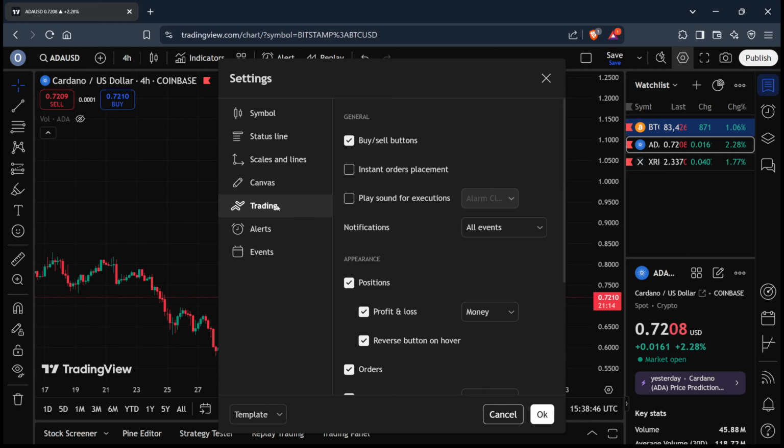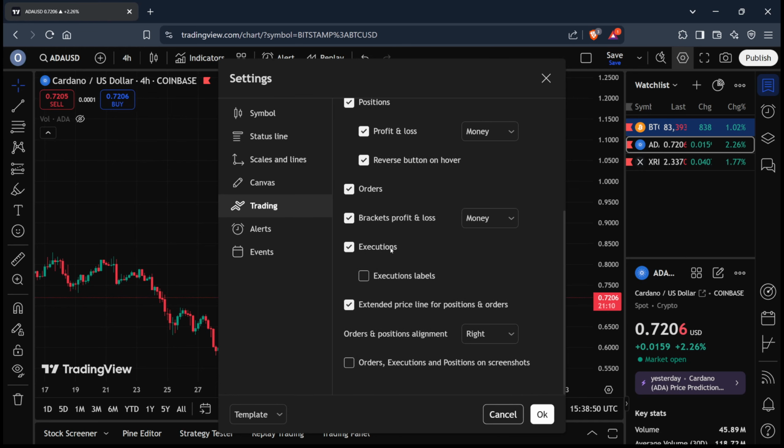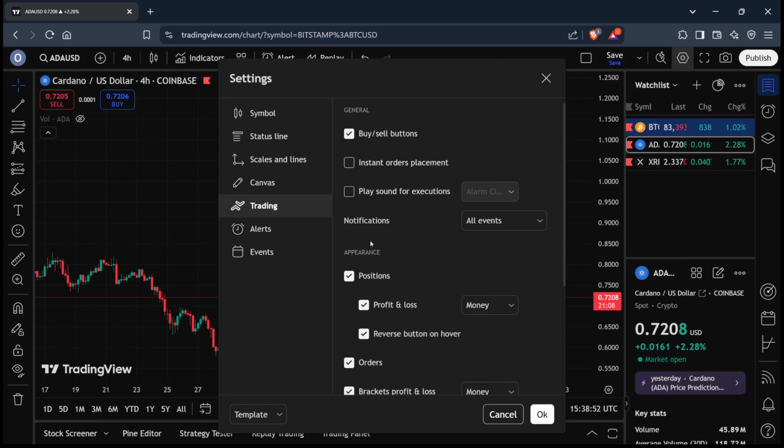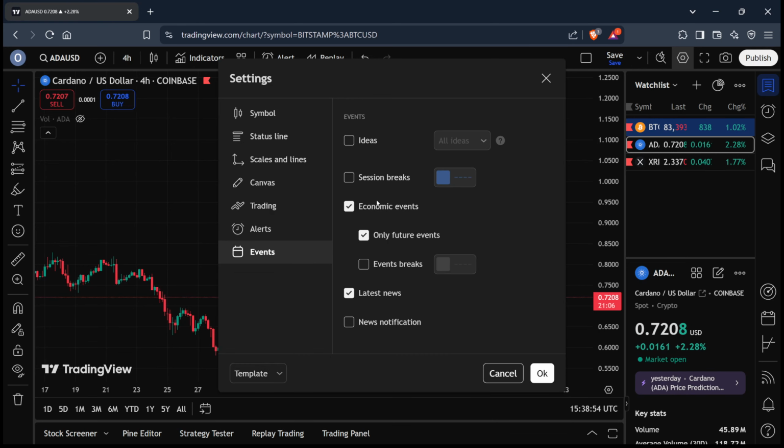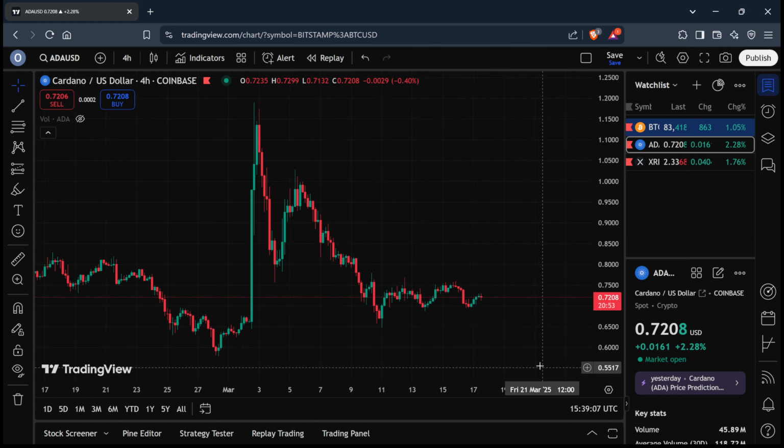Canvas, trading. Oh, events, duh. Economic events. So if you go down here to the bottom, economic events, just disable it. And I don't want the latest news either. I can get that elsewhere. I don't want it on my chart. See, now I don't have all that stuff right here. Now my chart is a lot cleaner.